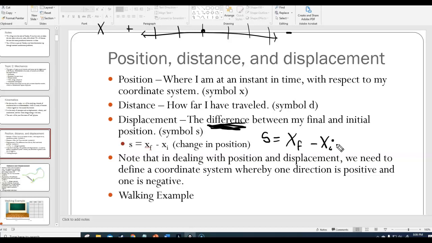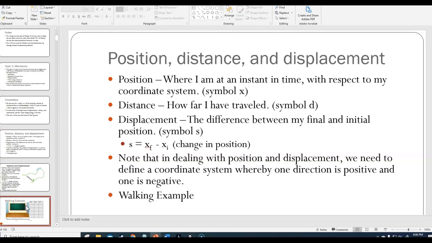Okay, so to kind of introduce the idea of position, distance, and displacement, let's do an example. Okay, and normally I would do this example in person, but I'm going to do this remotely. So here's the example I'm going to do.